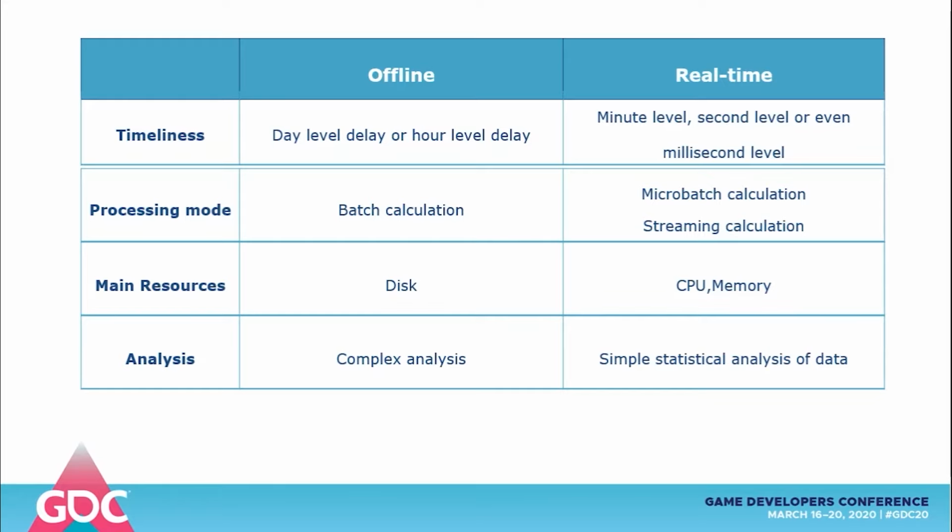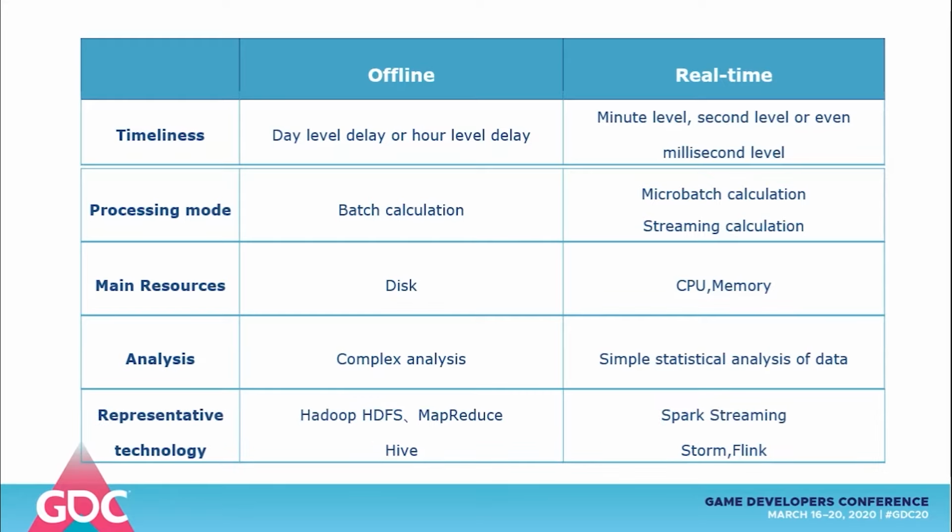Finally, they each have different representative technology. For offline data processing, these are Hadoop, HDFS, MapReduce, and Hive. While for real-time data processing, there are Spark Streaming, Storm, Flink, and so on.